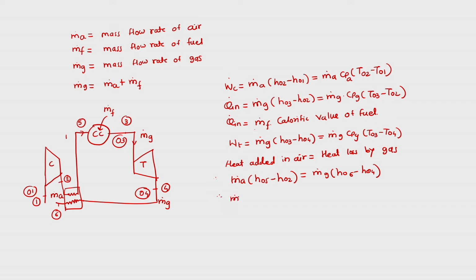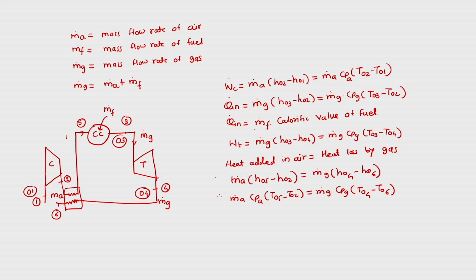So we have m dot a into Cpa into T naught 5 minus T naught 2 is equal to m dot g into Cpg into T naught 4 minus T naught 6. This is what we can write down for the heat interaction in the heat exchanger.